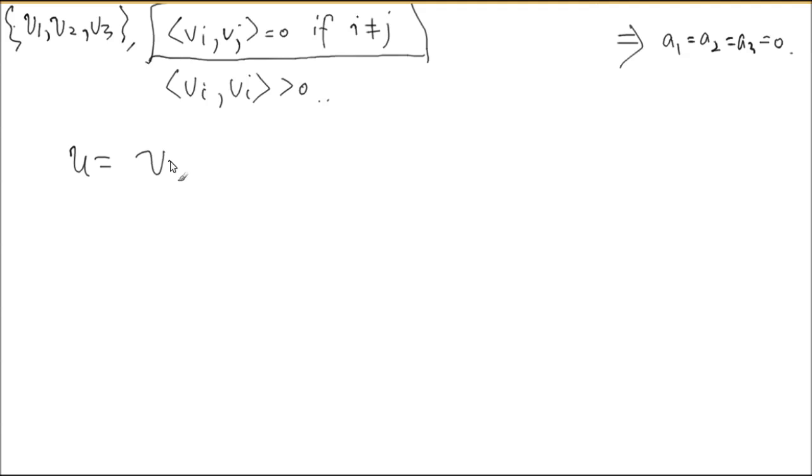U and V, and if you want to project it like that. And what was the formula for the coefficient of V? U dotted with V, over V squared, whatever that is. Then these two vectors are orthogonal to each other.